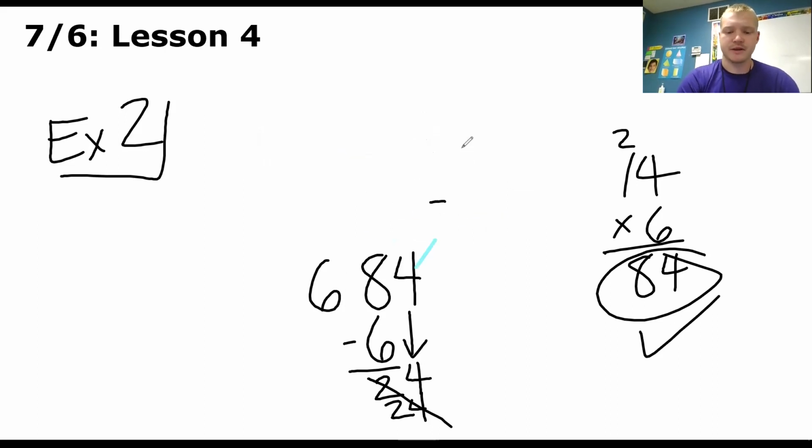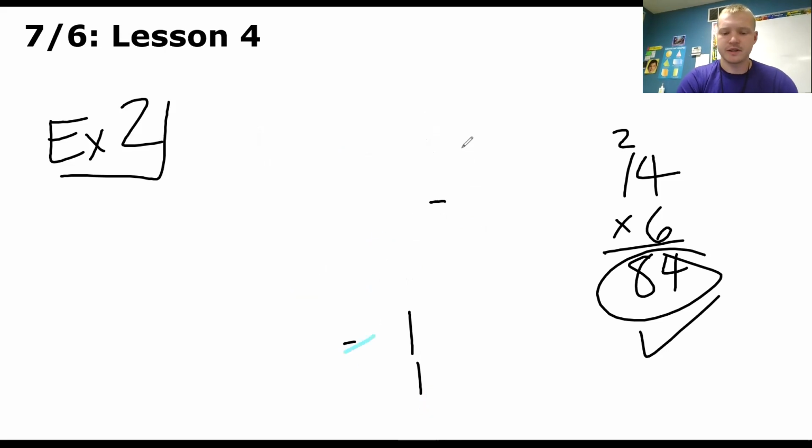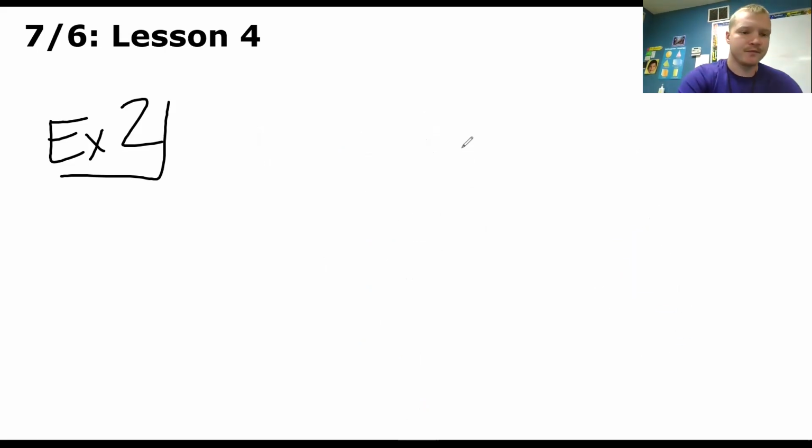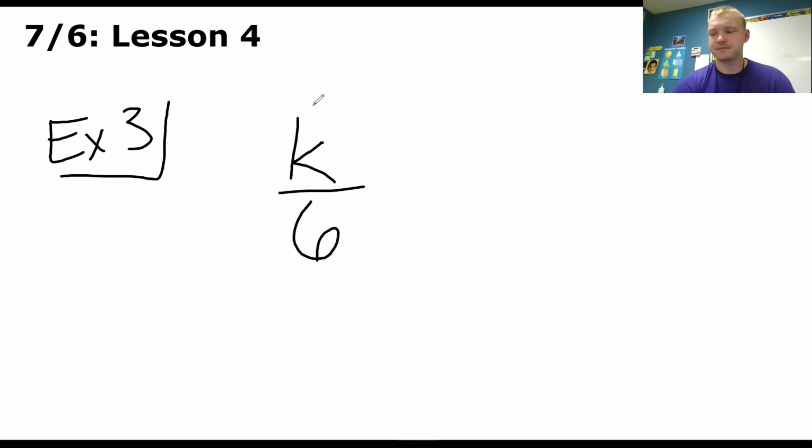Example number 3. So for this one, we have find the missing number, and it is a division problem. So on page 18, find the missing number. We have k divided by 6 equals 15. And remember, this is a different way of writing division.